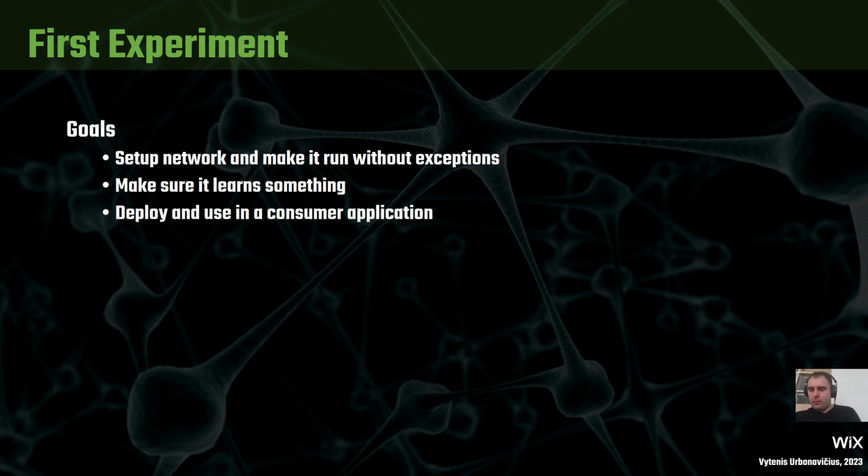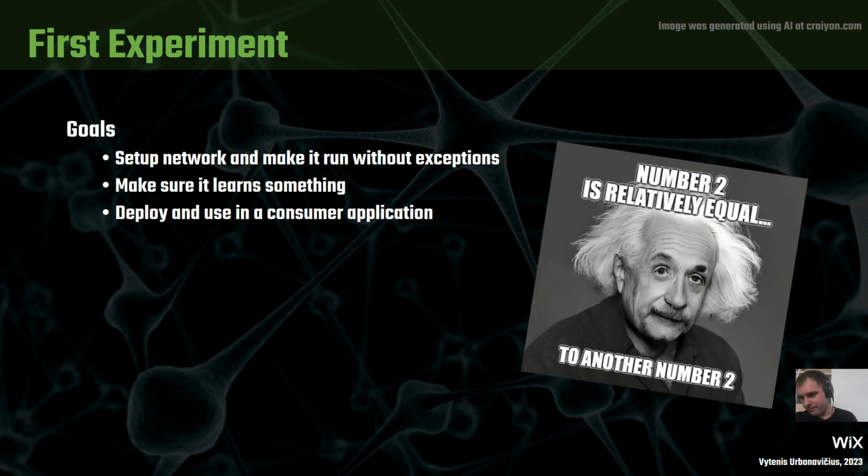The simplest problem I could think of was basically comparison of two numbers. My super clever neural network had to tell whether two numbers provided as inputs are equal to each other or not. It's not the most debated problem out there in mathematics, but still, it was a good thing to try neural networks for the first time in my life. So this is what I did.